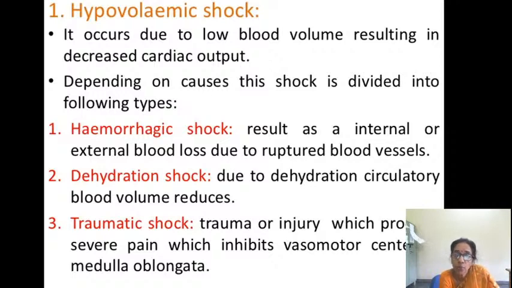When it comes to your kidneys, diabetes insipidus, diabetes mellitus, or using a lot of diuretics will deplete our body and we might end in dehydration, or skin during burns. All this is dehydration shock. Here fluid loss is there because of the conditions I have told you. Okay, this is another type of shock.